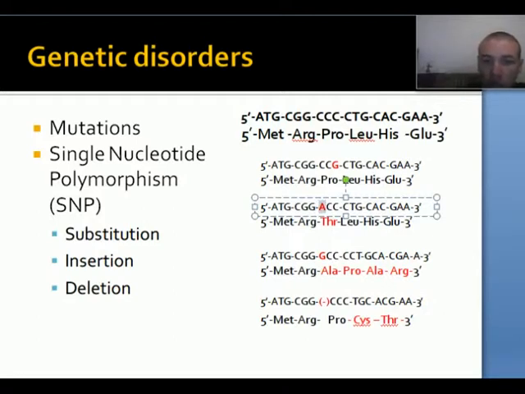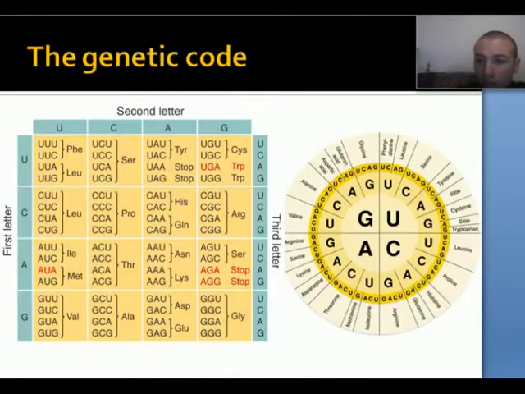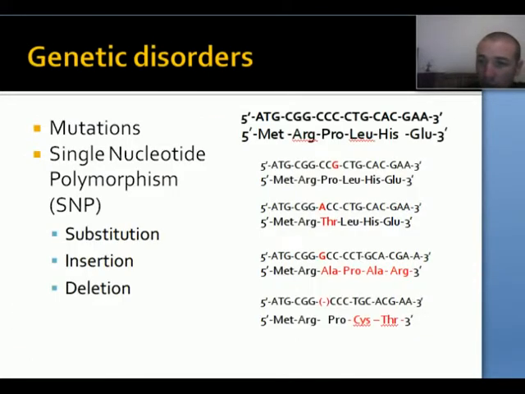So if we check on our genetic code, ACC stands for threonine. So instead of being a proline, we have a threonine. This is a non-synonymous mutation within a gene that could modify the protein.